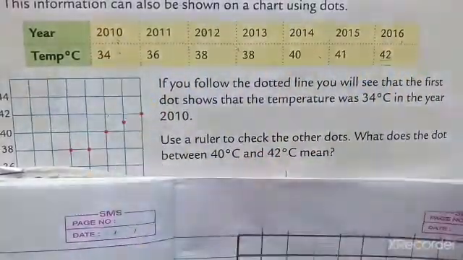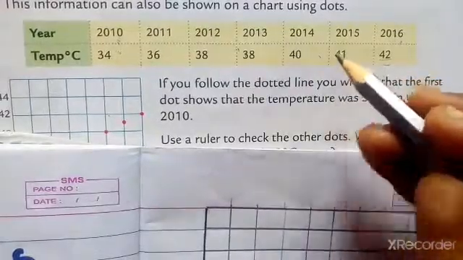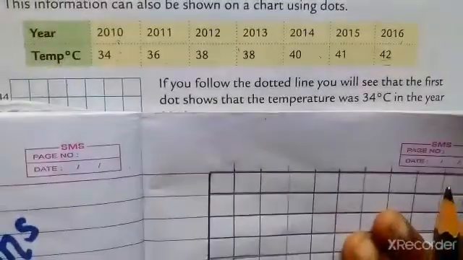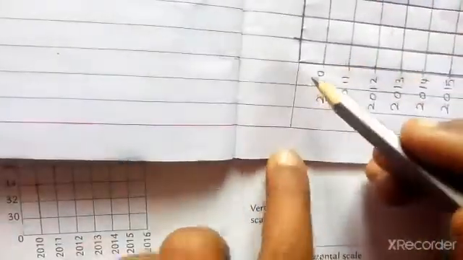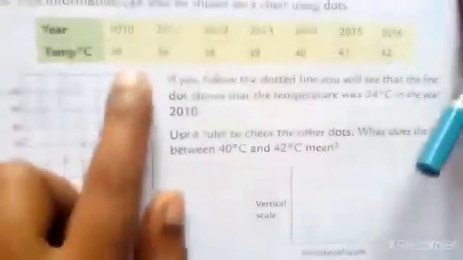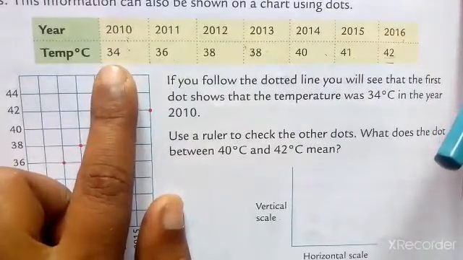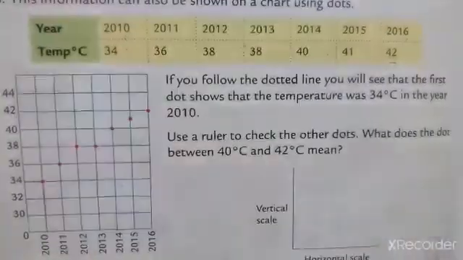So I am taking counts of 2 to mark in the vertical scale, and in between, half of one box will be considered as 1. So 41 also I can mark over there. According to that we have to think and mark. I am going to start here. As you know, this point will be considered as 0, and from here onwards, since my smallest value was 34, I can start from 30.